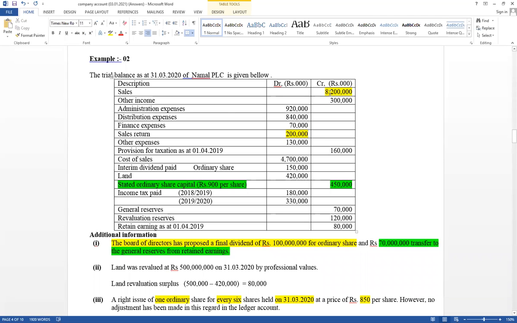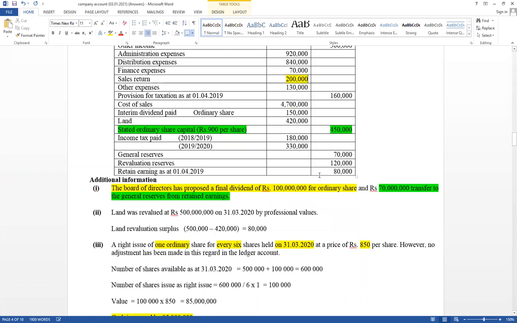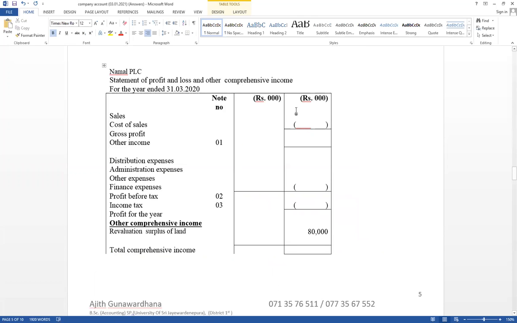As sales, correct sales value after deducting sales return. Then other income value equal 300,000. Expenses should be included in the first column, and cost of sales. All other things we have discussed. Right, record those in the income statement. In the income statement as sales, correct sales value after deducting sales return.